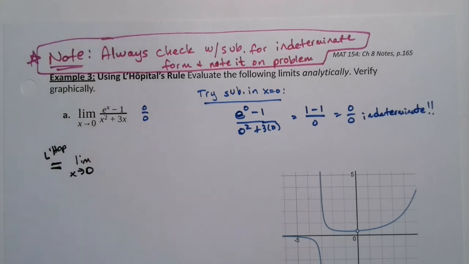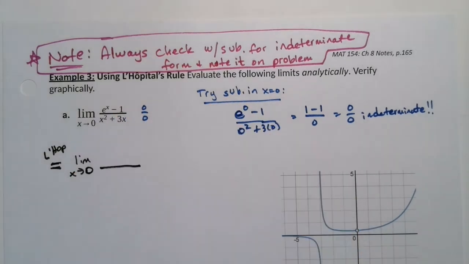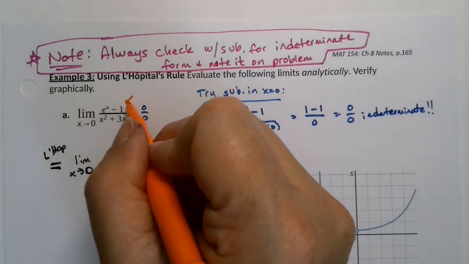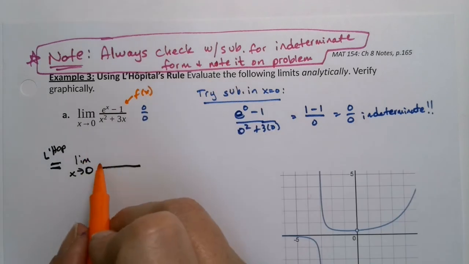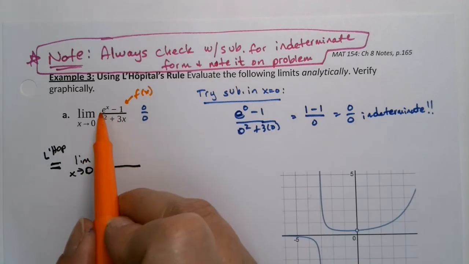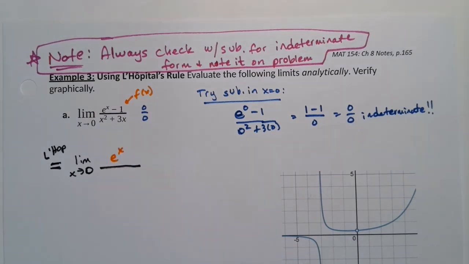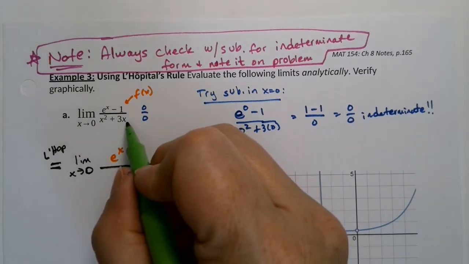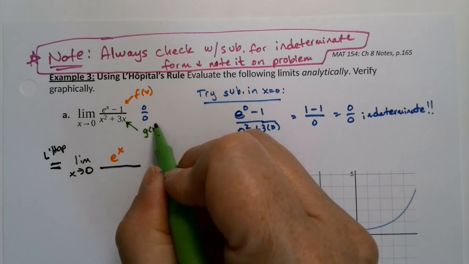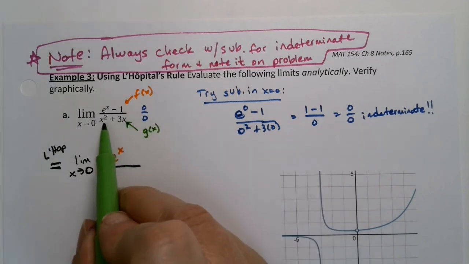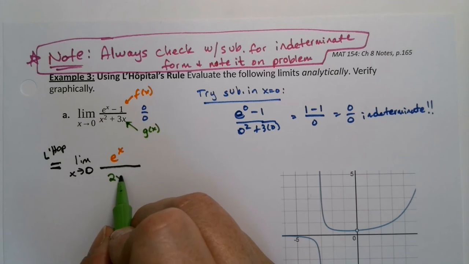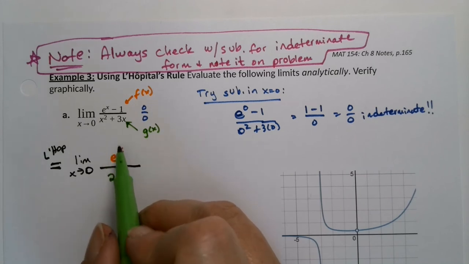Limit as x goes to 0 of, and now the top one was f of x and the bottom one was g of x. So I'm going to take f prime of x. The derivative of e to the x minus 1 is e to the x, right? And then the denominator is g of x, so when I take the derivative there, it'll be 2x plus 3.